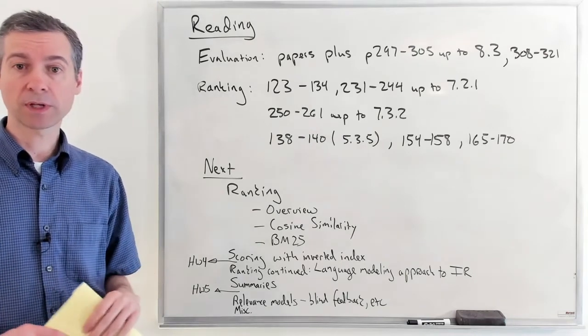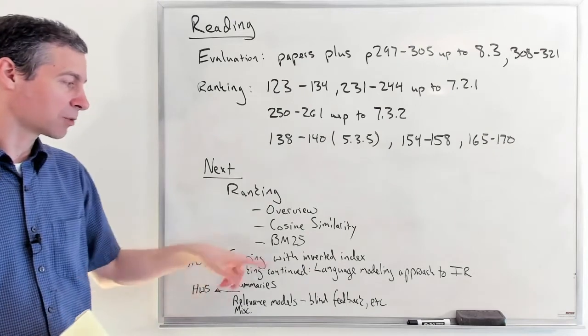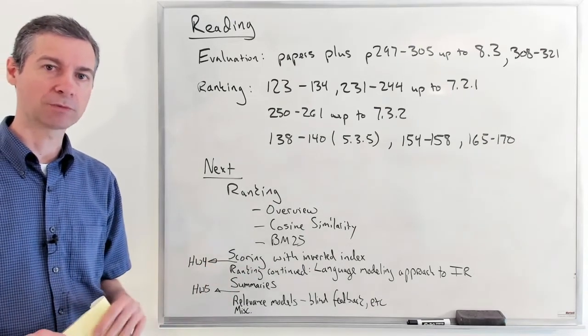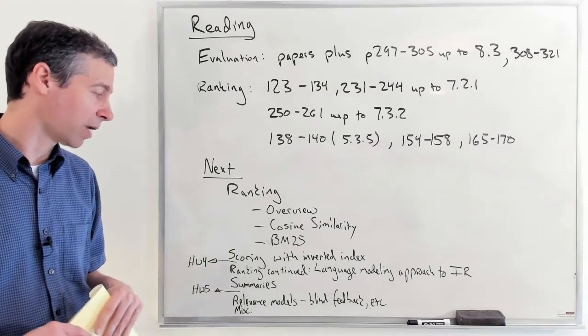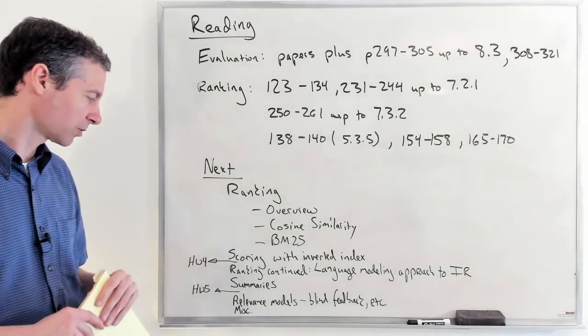We won't have time to talk about that in this course, but I do believe language modeling forms a good foundation and gives you another perspective on ranking. And it's certainly a major approach to know about. You should know what it is and how it works.